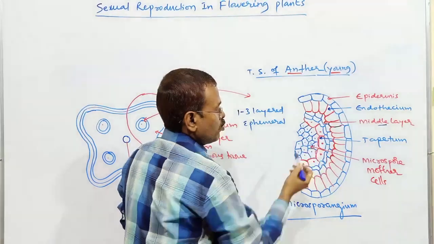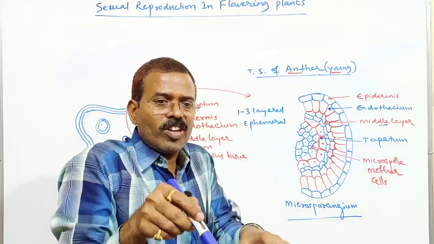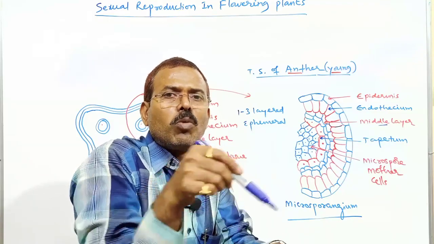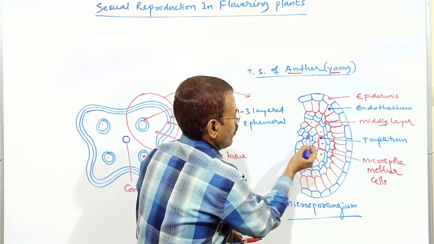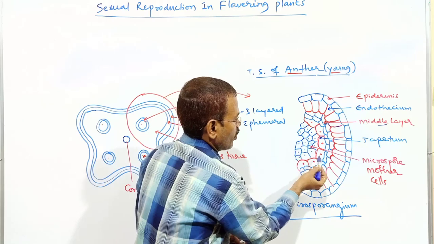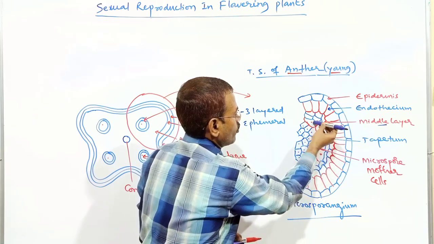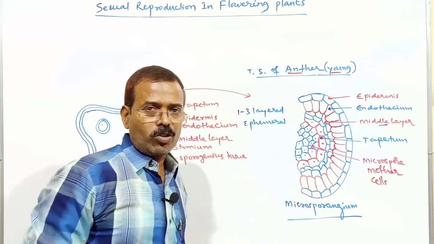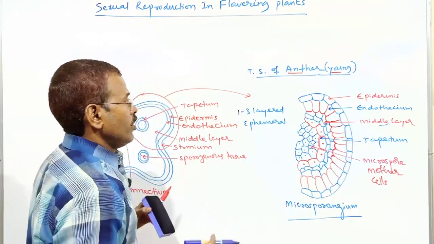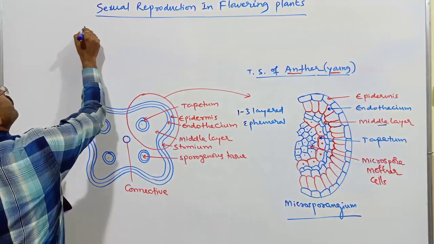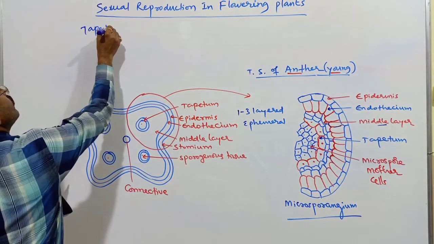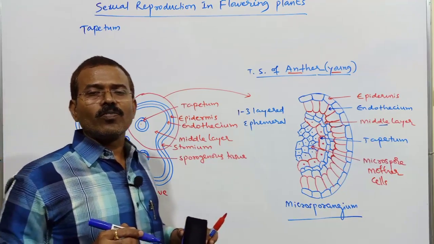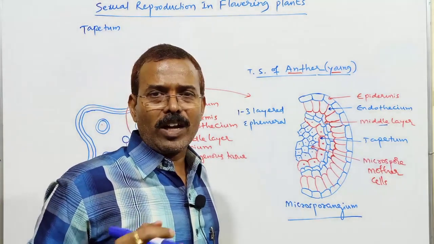It is the innermost layer which is in contact with the sporogenous tissue or microspore mother cells. You can see these are all microspore mother cells, and this layer is the tapetum layer, the innermost layer. So the tapetum is the innermost layer of the anther or microsporangium.